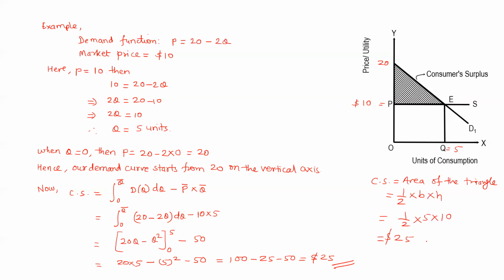So $25 is our consumer surplus, which can be obtained by using the concept of integration. This is the way to find consumer surplus using integration. Thank you very much.